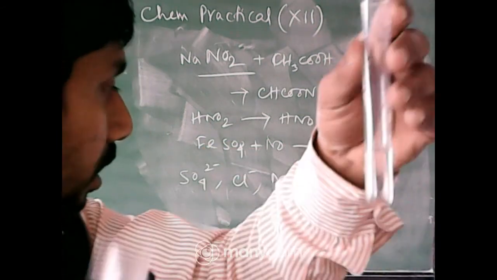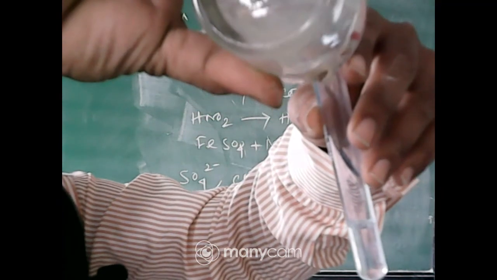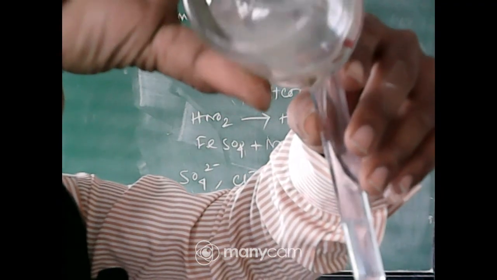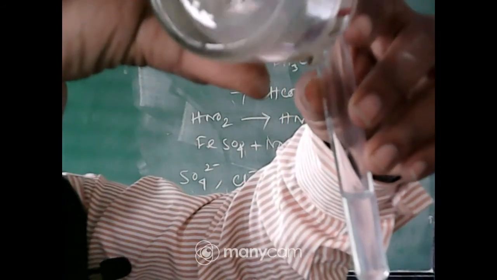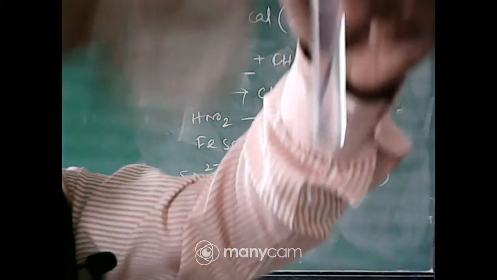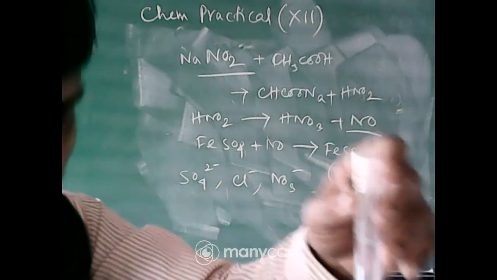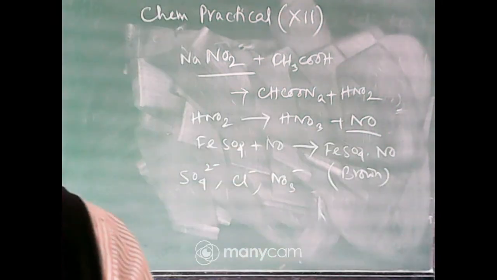Just see the color change. Color change means precipitate. Just a light precipitate comes already. This shows a gelatinous precipitate. You can see it, a light precipitate comes here.